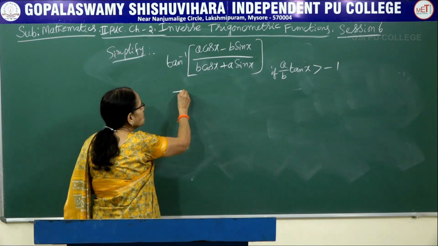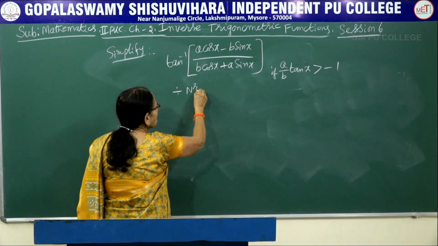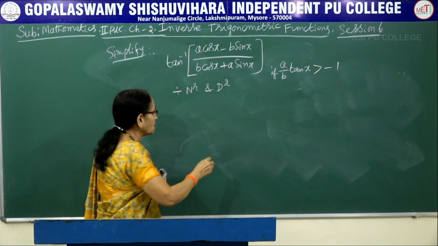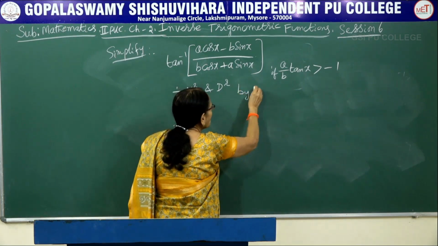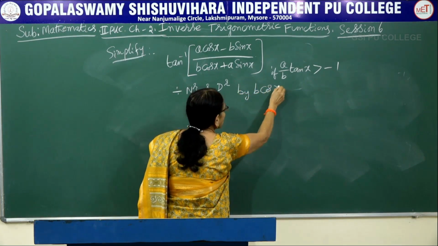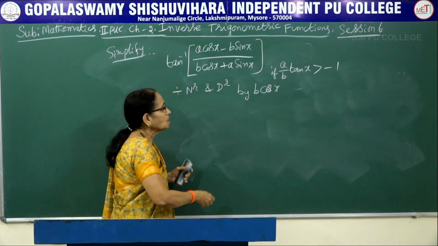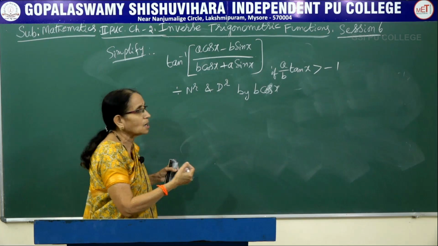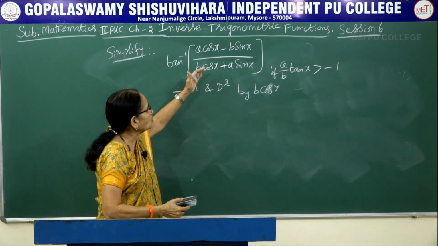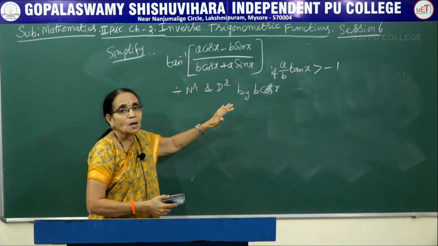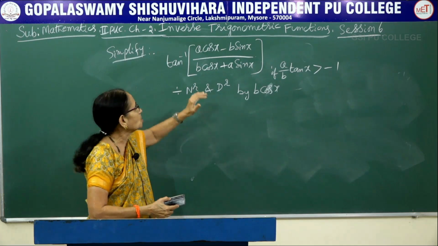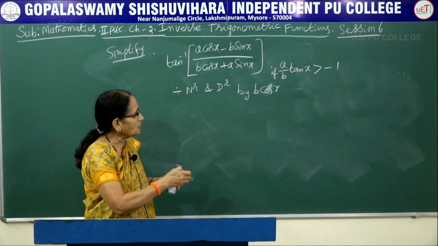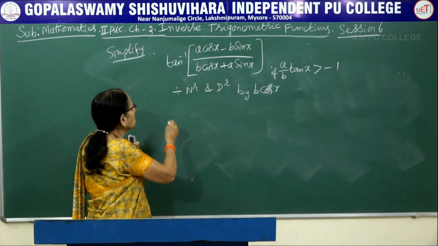What I do is divide the numerator and denominator, that is inside the square bracket, by b into cos x. Dividing means each term of the numerator as well as the denominator has to be divided. Dividing both numerator and denominator, the value remains unaltered. So divide the numerator as well as the denominator by a common function b cos x.